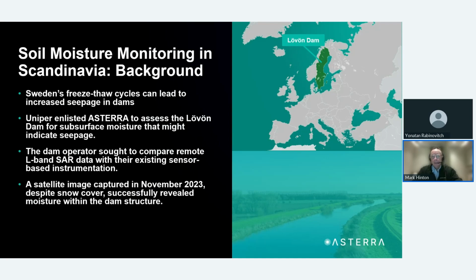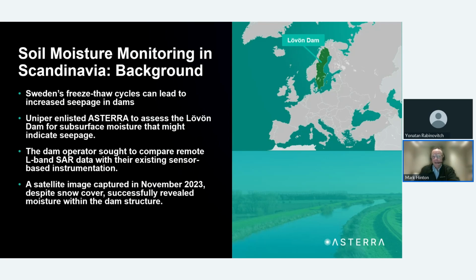The satellite image we captured was back in November 23, so about a year ago. Perhaps surprisingly, the whole area was highly snow-covered, but we were able to successfully penetrate that snow cover, mainly because it's really crisp and dry snow, and successfully reveal moisture within the dam structure below.